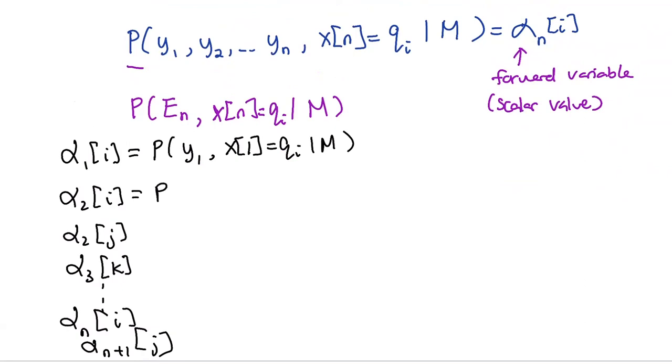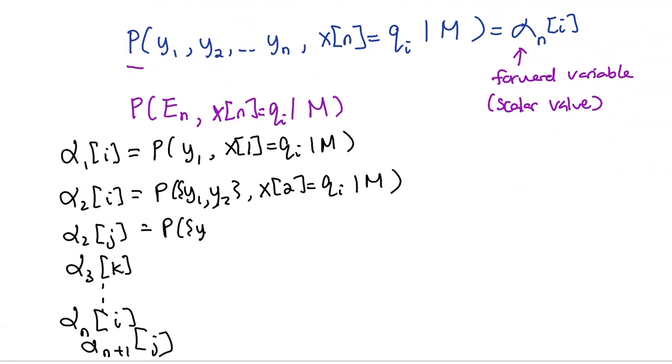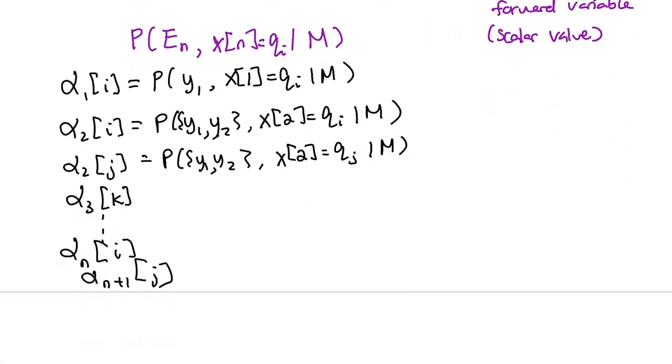Similarly, the probability I observe the observations Y1, Y2, given that X at time 2 is in the state Qi, given M. The probability I observe Y1, Y2, given that the state at time 2 is Qj, given M, right? Note that this is why these things are scalars, because this gives me a different probability than this, right?